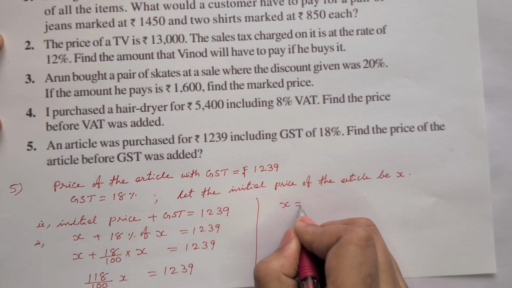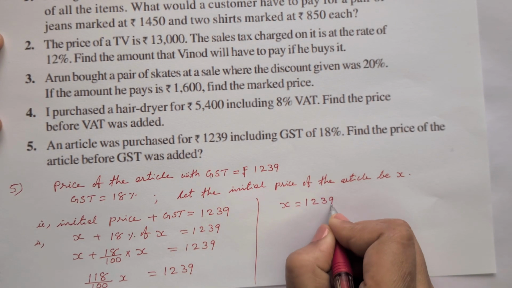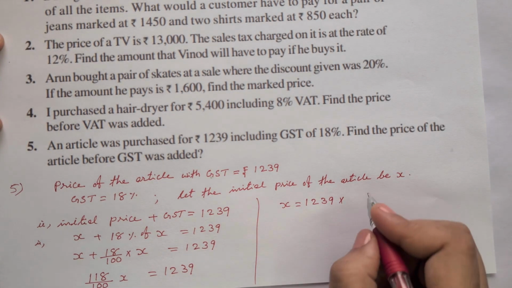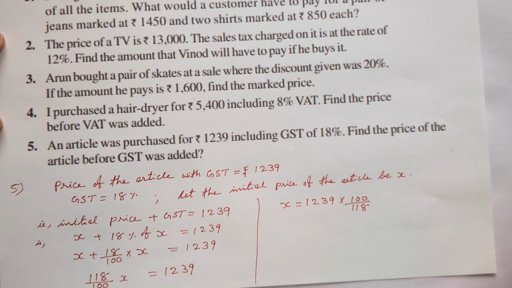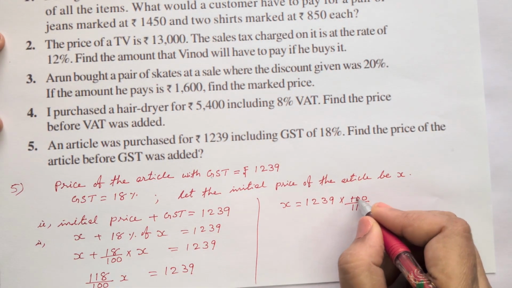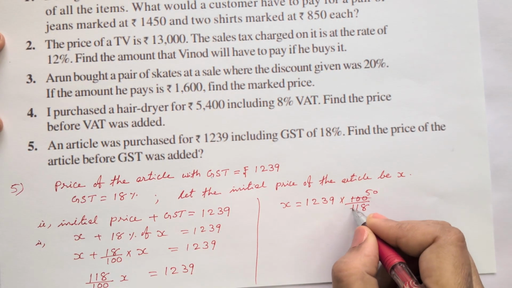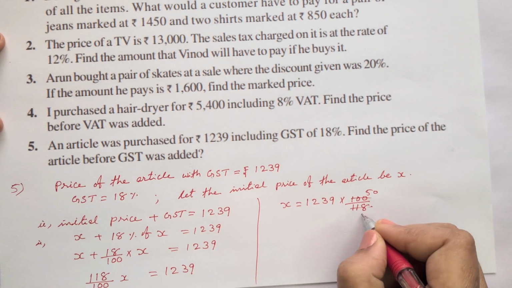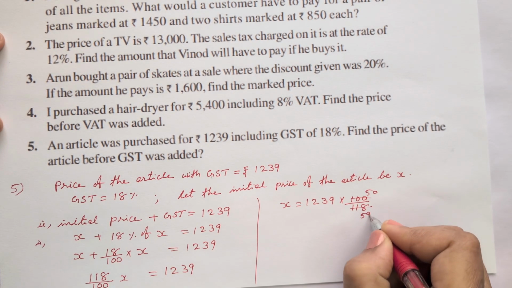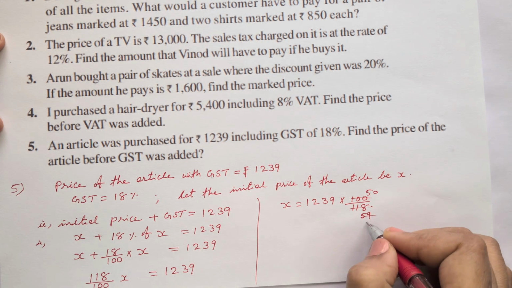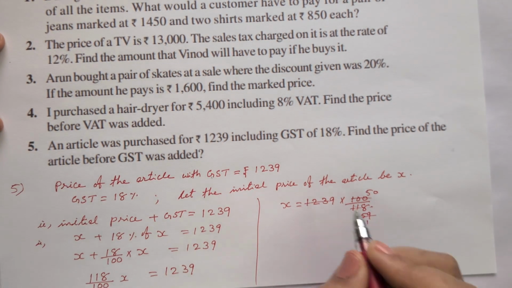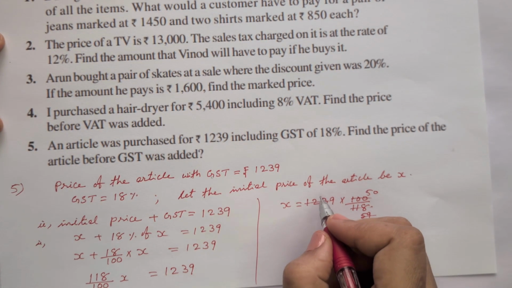Which means X is equal to 1239 into, take the reciprocal, 100 by 118. We can divide by 2, here 50, here we will get 59. Then by 59, if we are dividing here one time, in this number it will come 21.